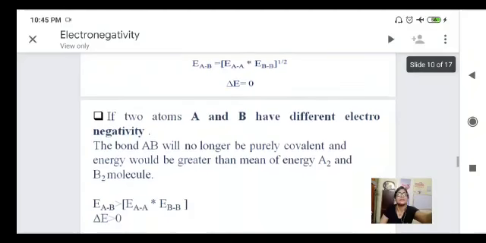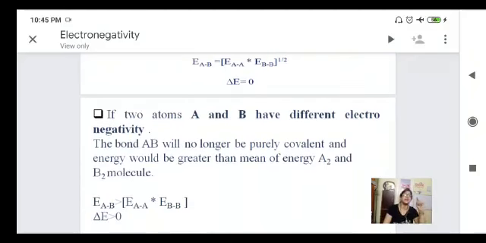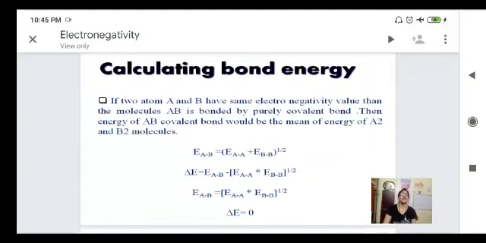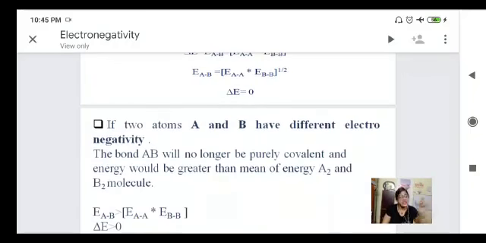Now, this calculation is all about the bond energy for a purely covalent bond, that is, when the two associated atoms have the same electronegativity and the electron pair is equally shared by both atoms. Now, coming to a molecule with two different atoms bonded together.